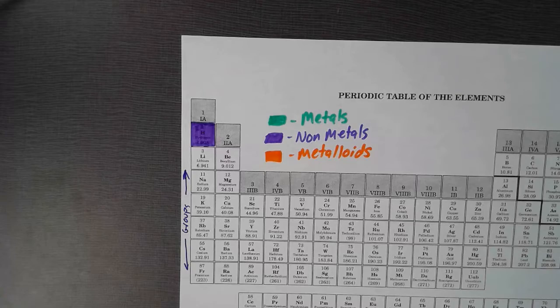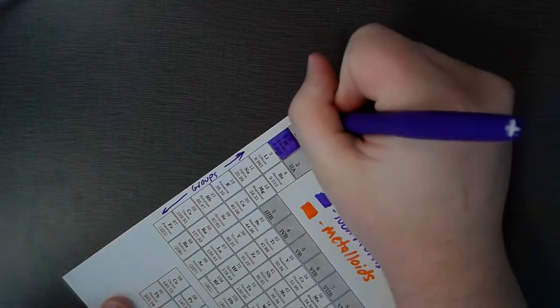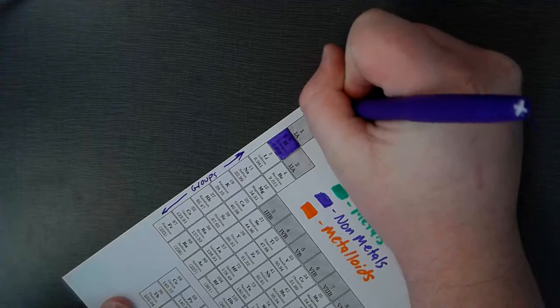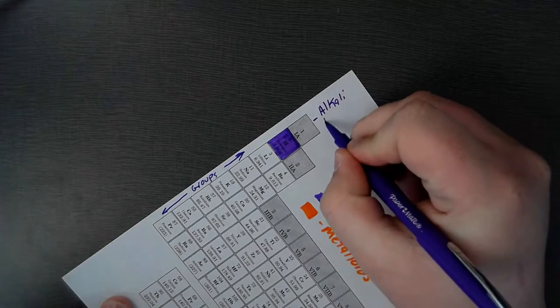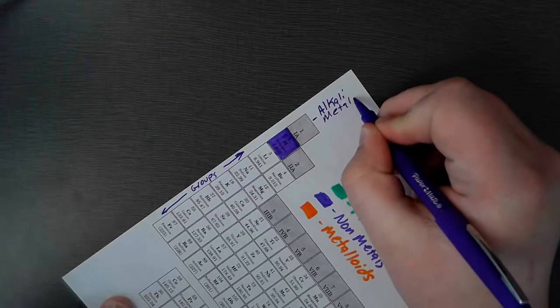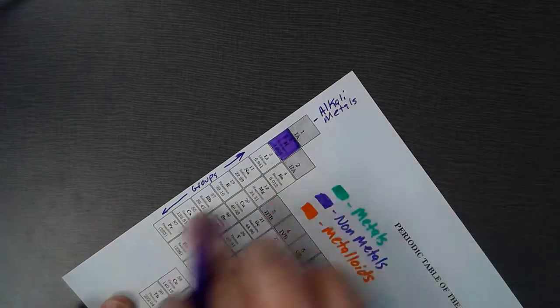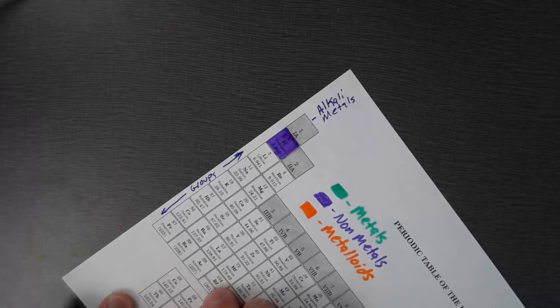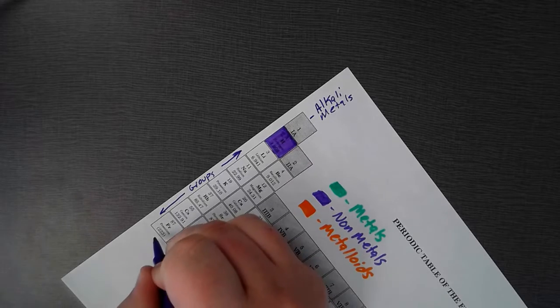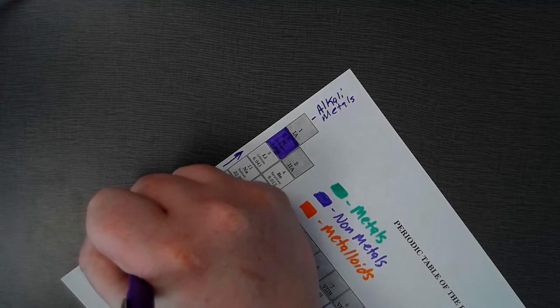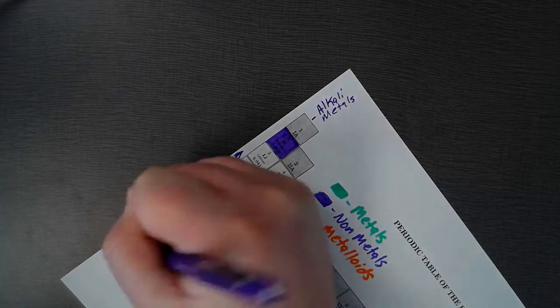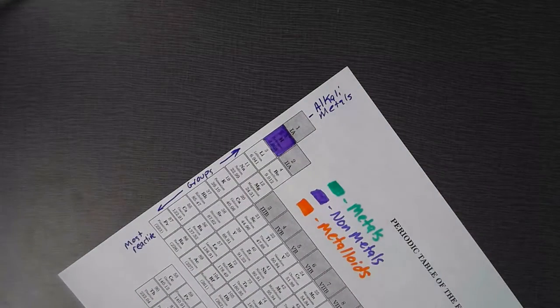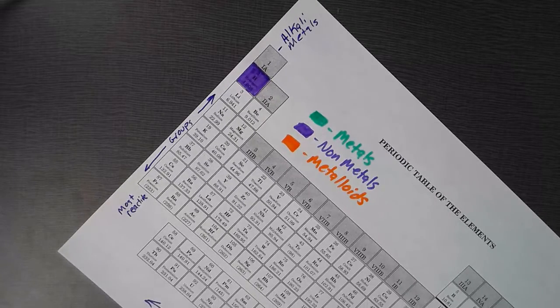So this first group right here, these are called the alkali metals. That's this first column going up and down. These are the most reactive elements in the entire periodic table.